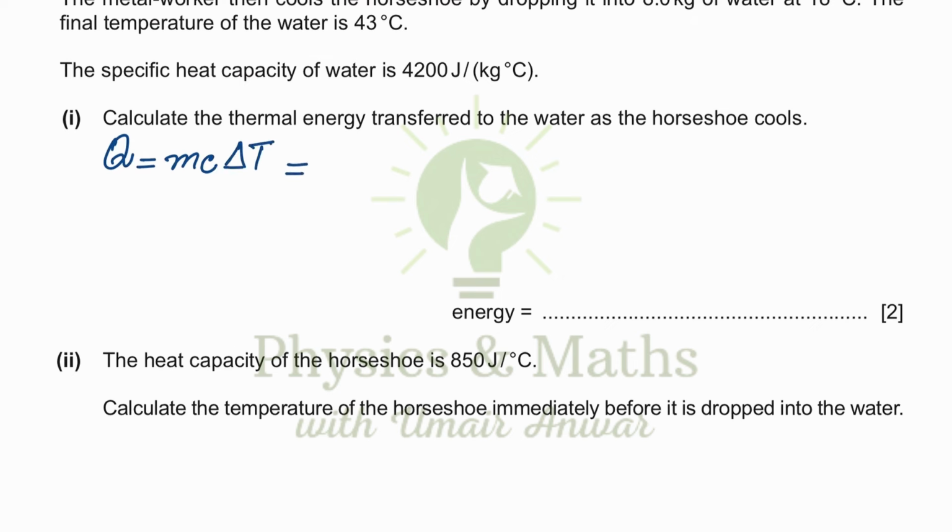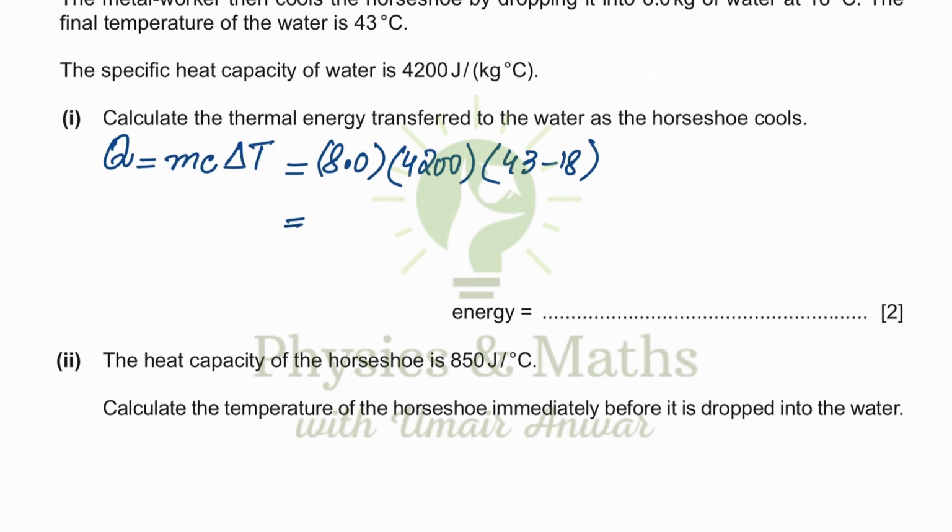The mass of the water here is 8.0 kilograms. The specific heat capacity for water is given to be 4200, and the change in temperature taking place is 43 minus 18. Initially, the water was at 18 degrees centigrade and then its temperature rose to 43 degrees centigrade.